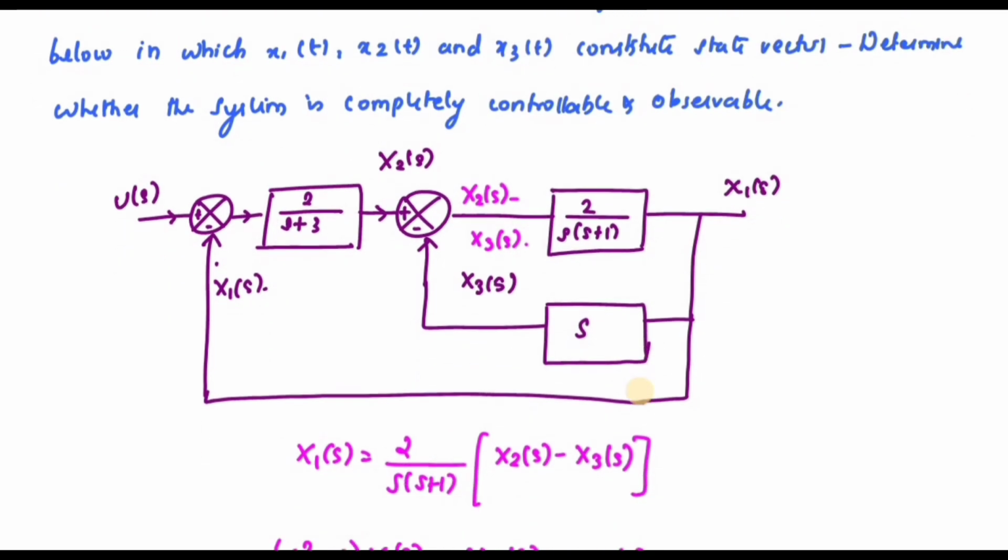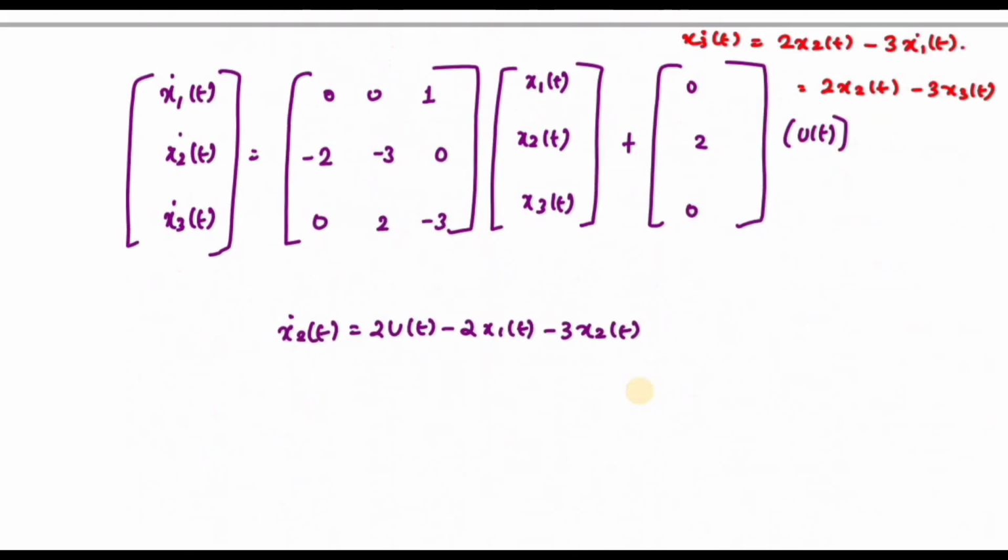Okay. So how to find whether this one is controllable and observable: here this matrix represents my A value and this matrix represents my B value.